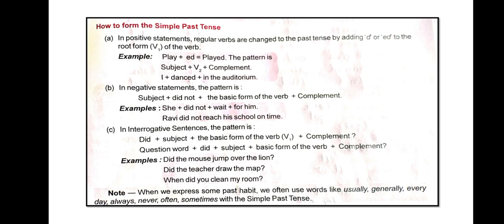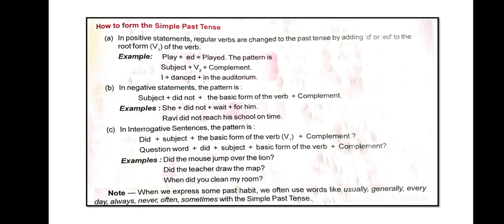Here we have examples. Did the mouse jump over the lion? At the end of the sentence we have a question mark, because it is a question sentence. Did the teacher draw the map? When did you clean my room?